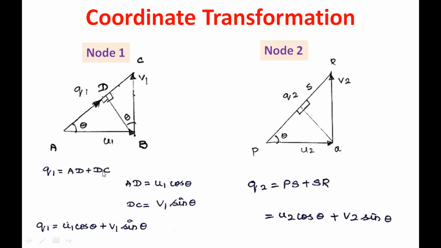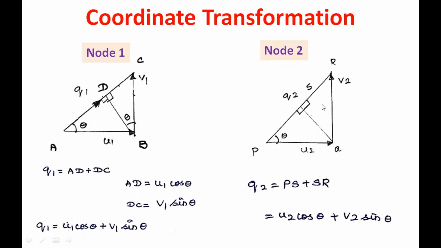From triangle ADB, we can write AD is equal to u1 cos theta, and from triangle BDC, DC is v1 sin theta. That means q1 is equal to u1 cos theta plus v1 sin theta. So this is the relationship we are framing for local displacement q1 in terms of global displacements u1 and v1.